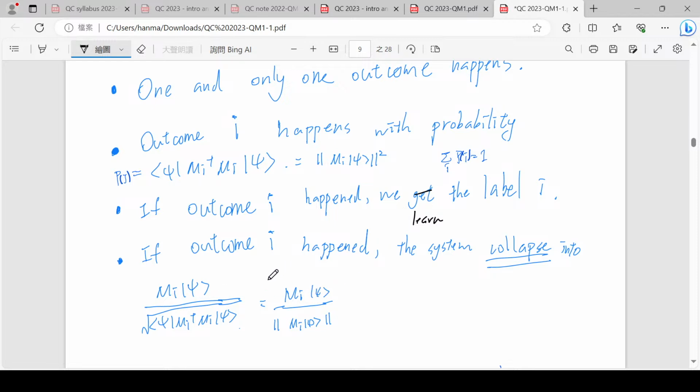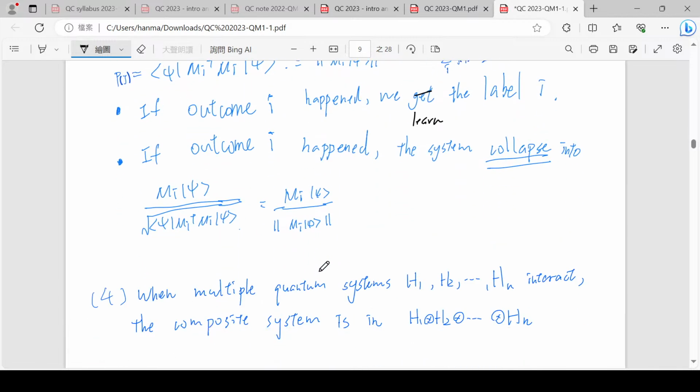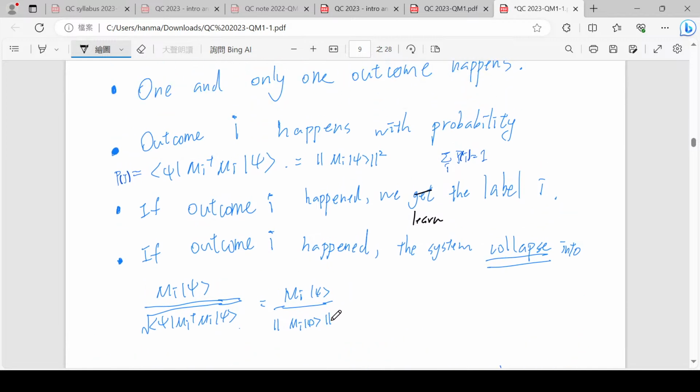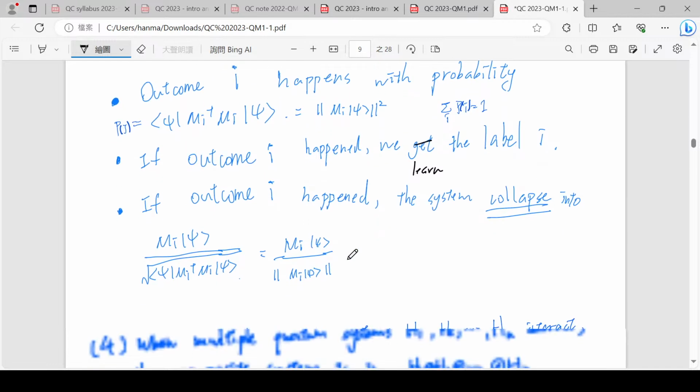But from this time forward, after you do a measurement, whatever operation you do, you are doing on this M_i psi. The system is already changed to this M_i psi. Okay. And this is a weird part, and we'll see some examples of this later.